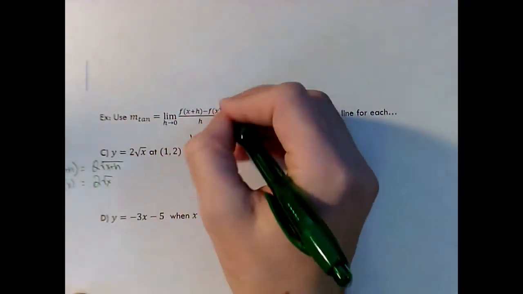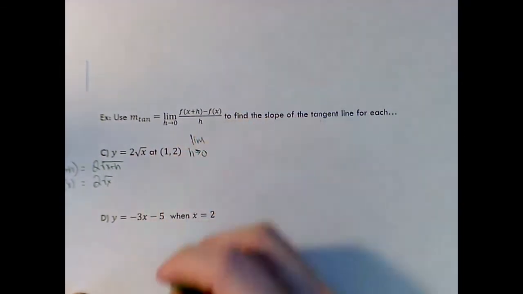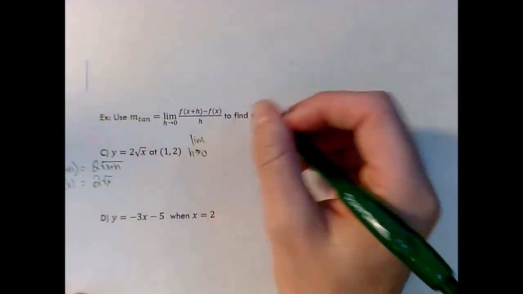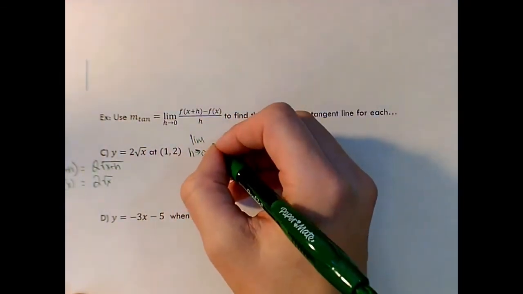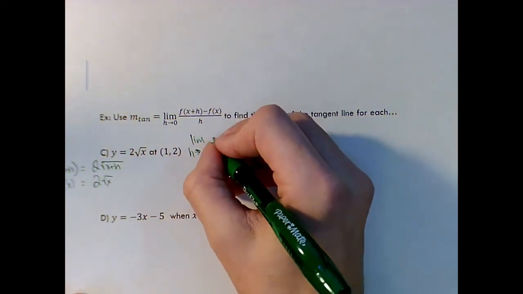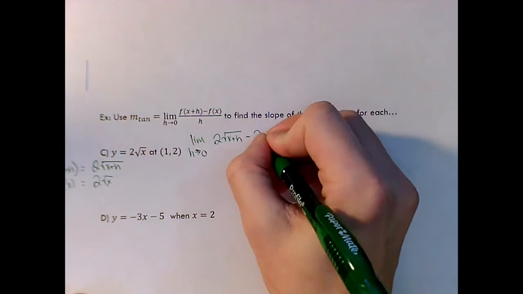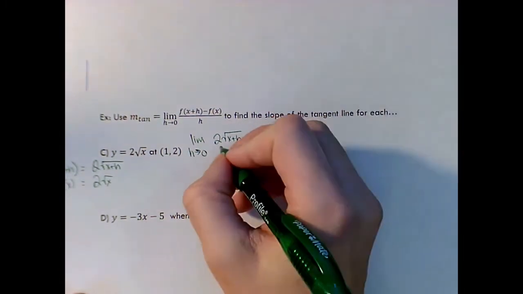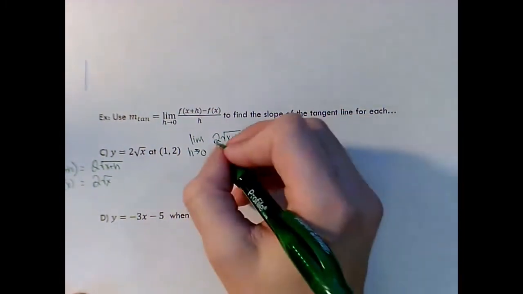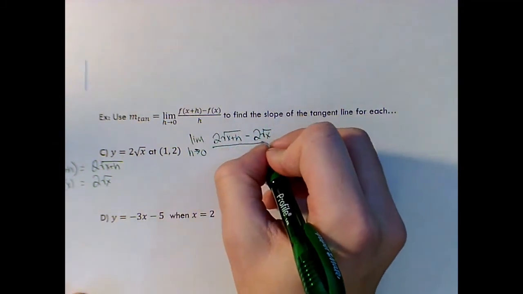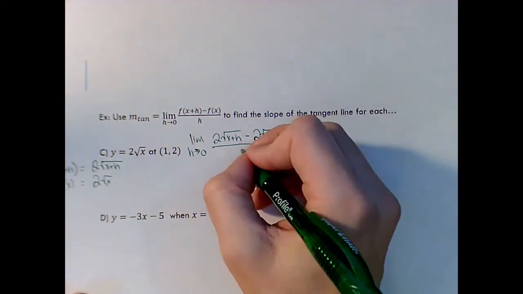I'm not going to rewrite the equation this time because it's right there. On your own, you really should, but I ain't. 2 root x plus h minus 2 root x over h.